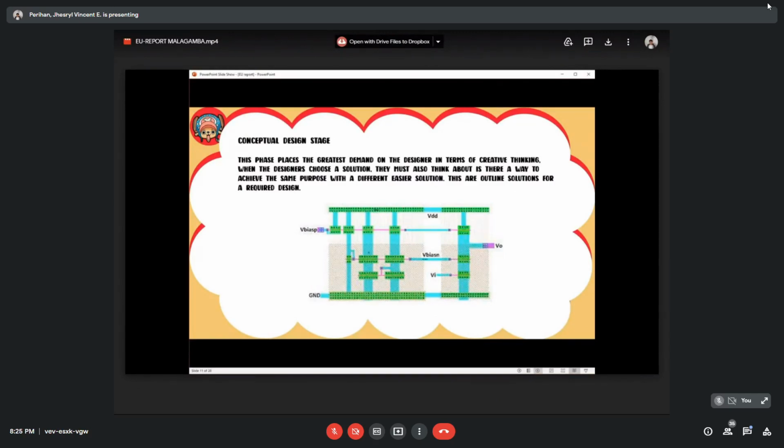So these are outline solutions for a required design. The conceptual design stage is just a framework, and of course the design should be feasible and its functionality simple.